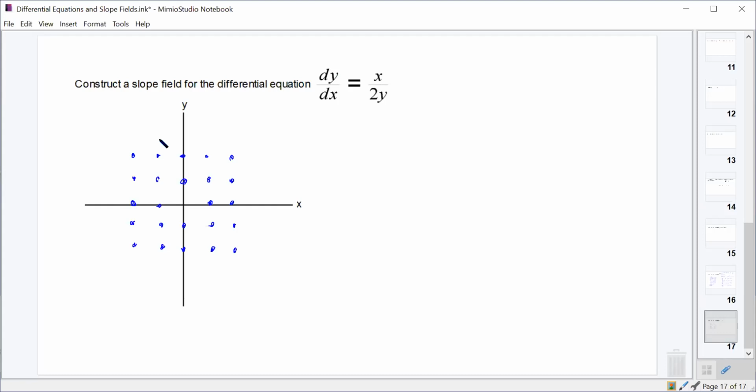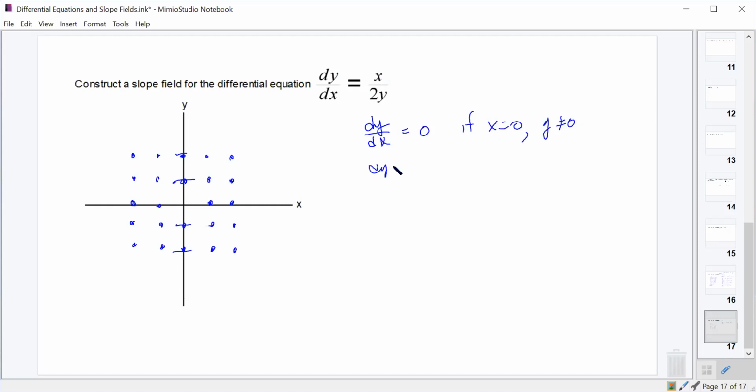Okay, so first thing we'll normally do when we're given a product or a quotient of x and y is say, what makes this 0? And we did that earlier with the last one, right? But what makes this 0? It makes it 0 if x is 0, but y is not 0, right? So we'll draw horizontal slopes at all those points where x is 0, but y is not 0.